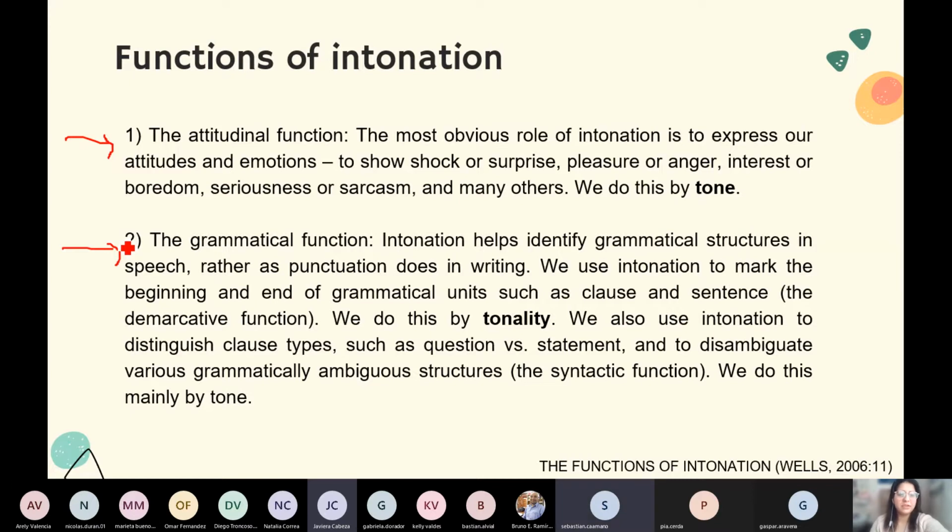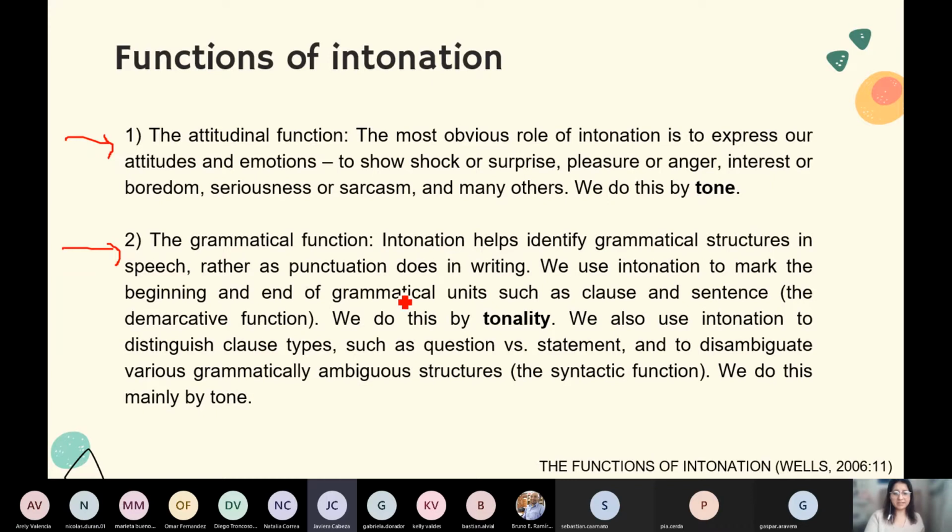Thank you very much. So for the second function, the grammatical function, it is mainly to identify grammatical structures in speech. And as you could hear from what Sebastián just read, we use it to distinguish, for instance, questions from statements, like we did in the previous exercise. The first one was a statement, and the second one was a question.